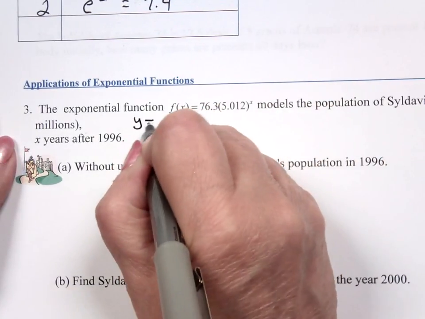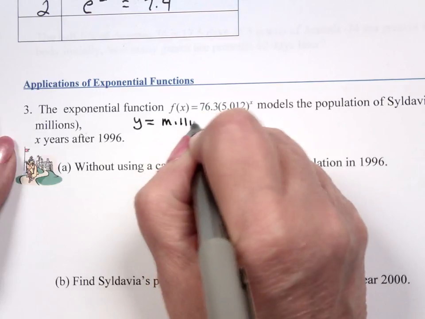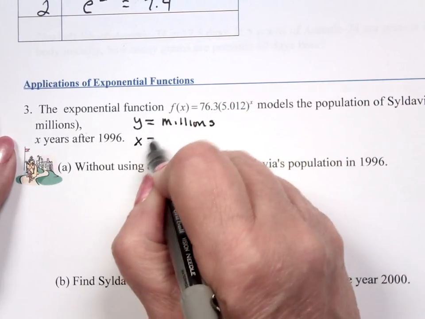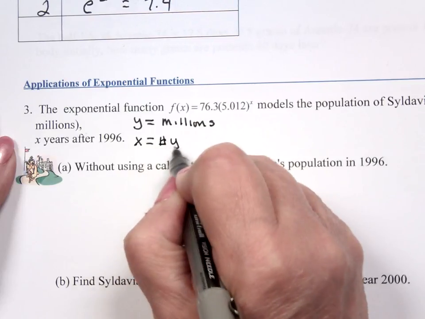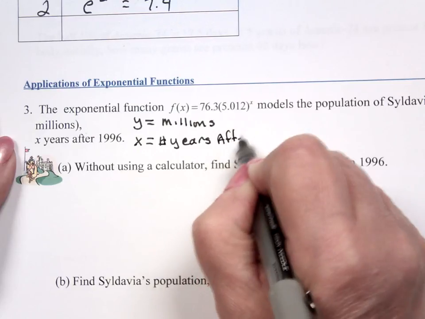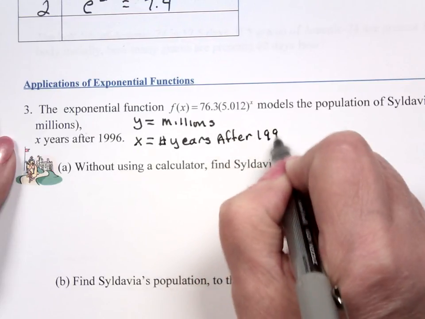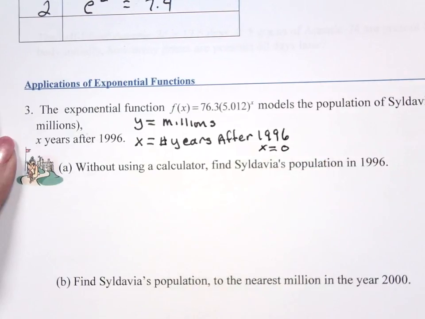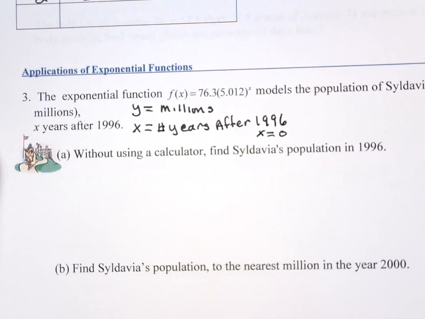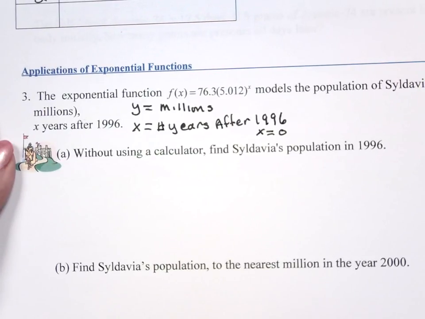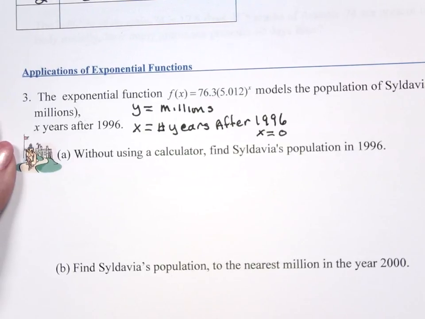Y has units, millions, and x is the number of years after 1996. That means 1996 is x equals 0, because it's the number of years after 1996. So 1996 is 0.